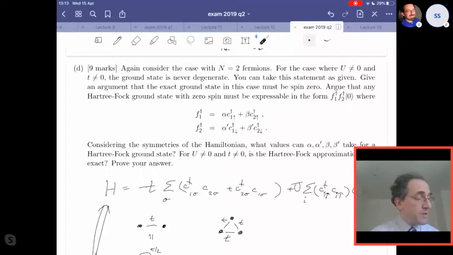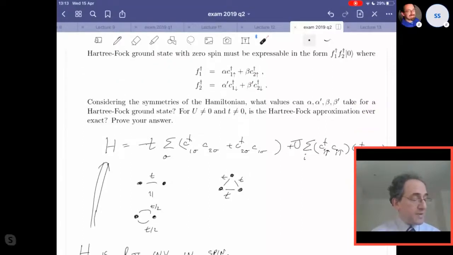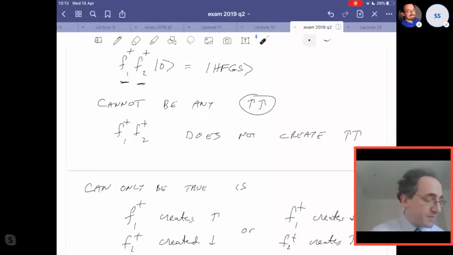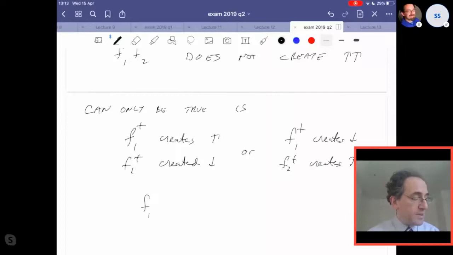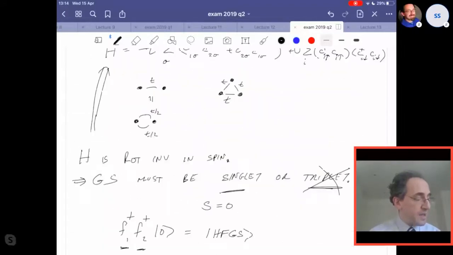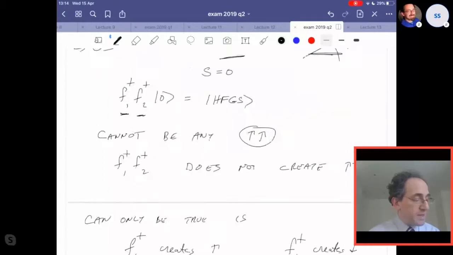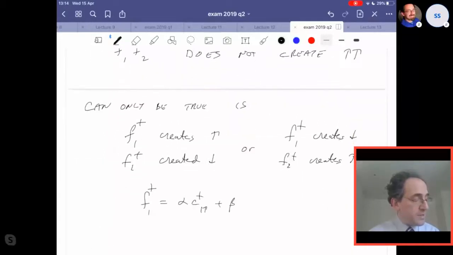Okay, so we know immediately that we have a Hartree-Fock ground state, which is F1 creating some spin up. Let me actually write down F1 creates spin up. What did I call it? Alpha. What's the notation? Alpha and alpha prime. Alpha C dagger 1 up plus beta C dagger 2 up, and F2 dagger is alpha prime C dagger 1 down plus beta C2 down.